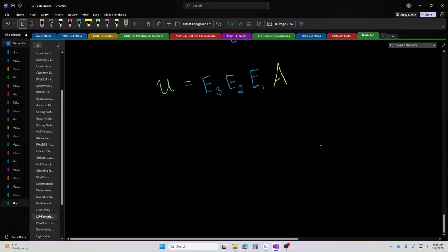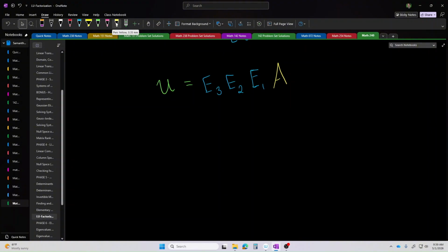So now let me go into this equation and let me solve this equation for A. And let me rearrange this equation and rewrite it with A isolated. And to that end, I'm going to try and move these elementary matrices over to the other side of this equation. I'm going to try and do that by applying the inverse of these matrices to both sides of the equation.